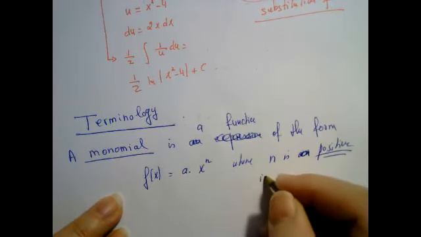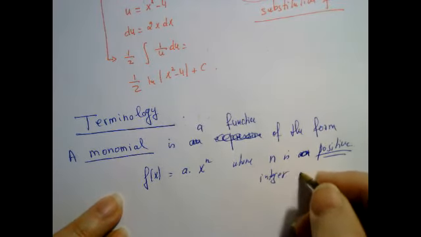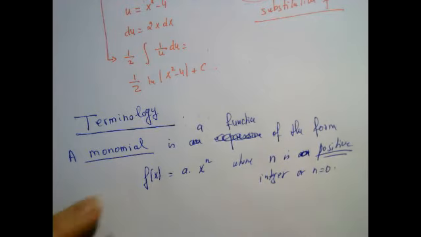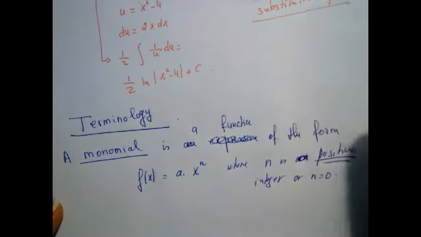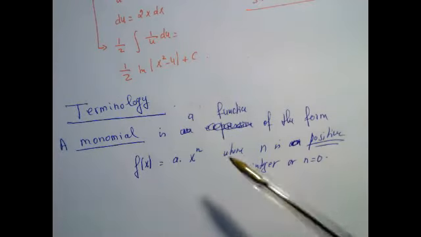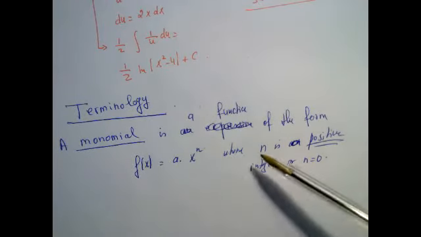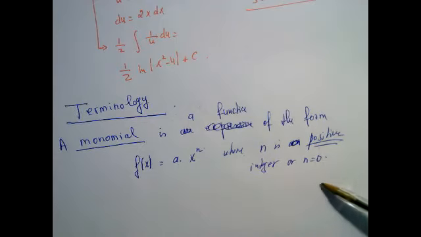A positive integer, it means or n is 0. So a monomial is just a function that has a very specific format. It's a times x to the n, where n is a positive integer or 0.